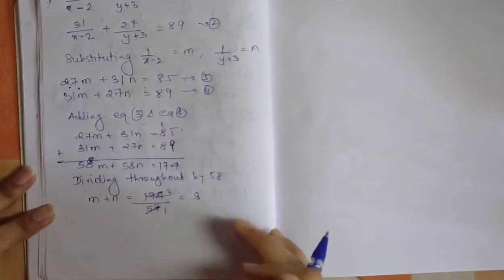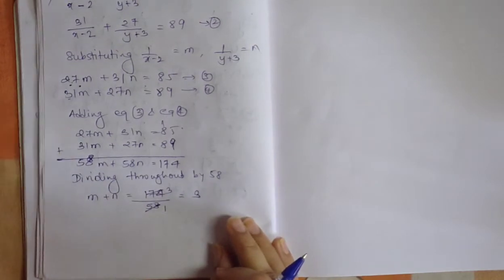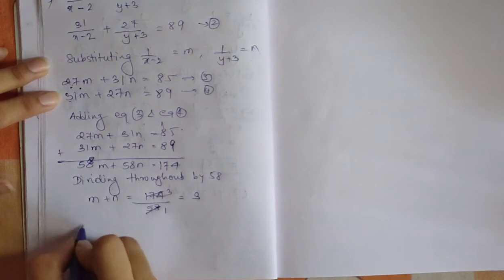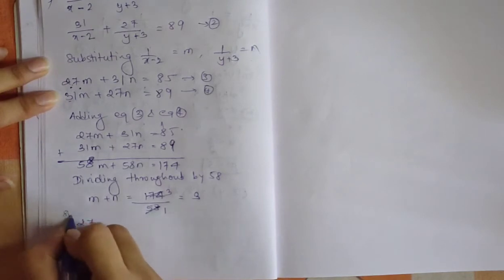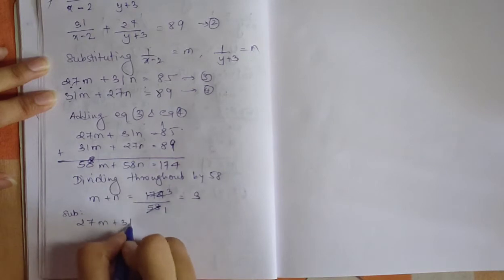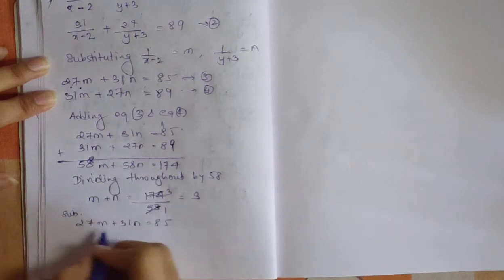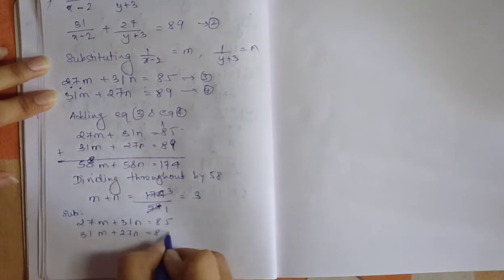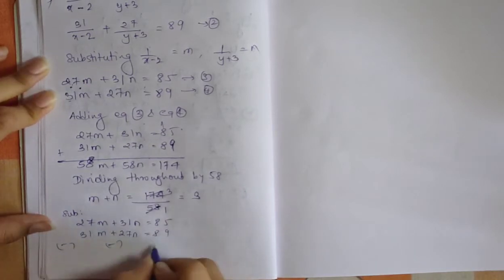Now what will you do? Now you will subtract these two equations. So let's do that. 27m plus 31n is equal to 85. 31m plus 27n is equal to 89. Subtract.